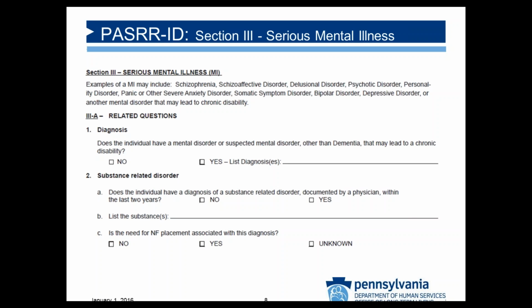Minor would be your mild depressions, your simple anxiety, those kinds of things. So if it's a mild diagnosis, such as a simple anxiety or minor depression, not major, you mark no, okay? And for your majors, we're asking you to put yes there for the diagnosis.